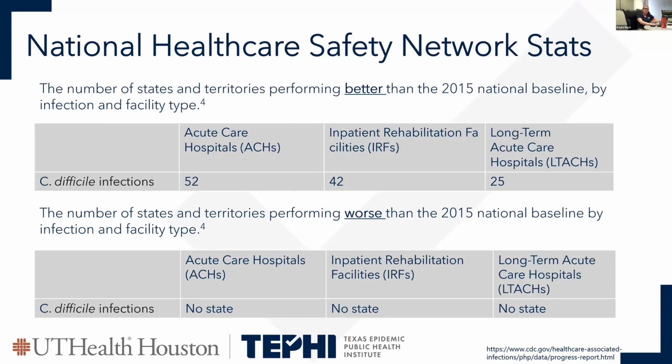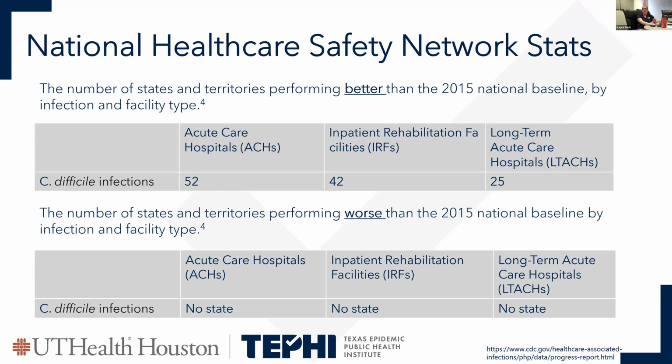So as I mentioned before, we're trending the right way for C. diff, which is really great. The baseline data was collected in 2015, by infection and facility type. Regarding C. diff infections, acute care hospitals are doing better. Our IRFs, our inpatient rehab facilities, and our long-term care hospitals are doing better as well, which is great. Nationally, we are doing better in these areas.